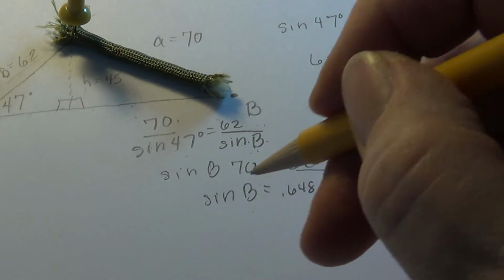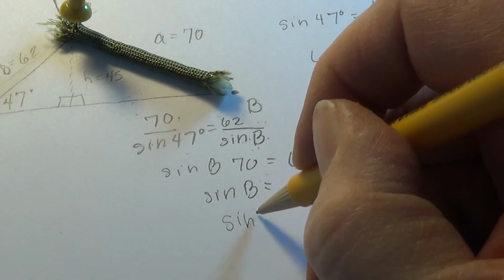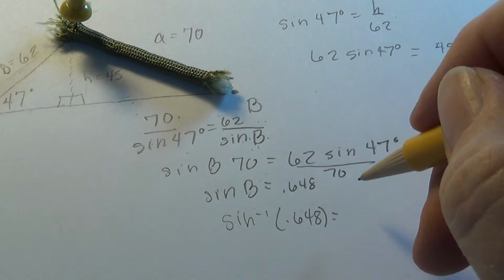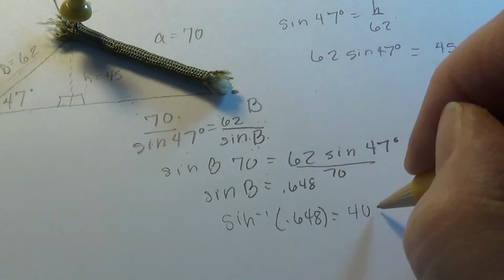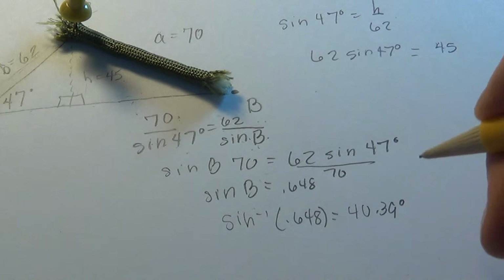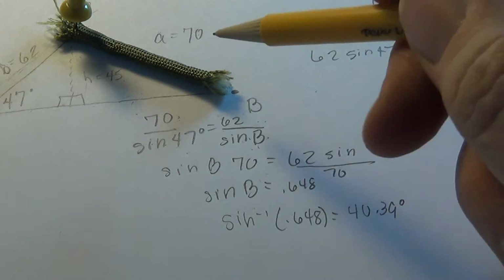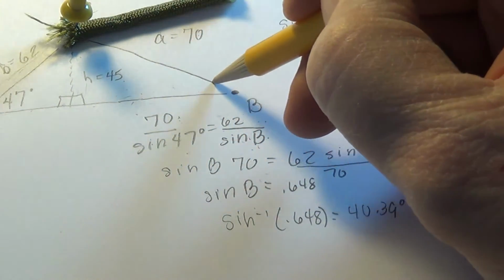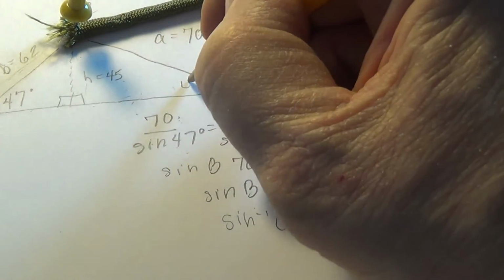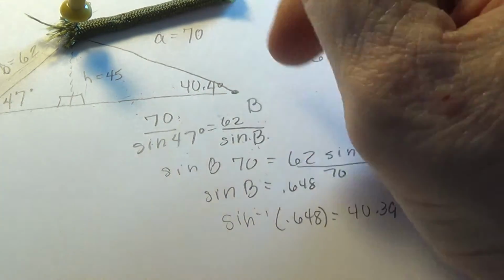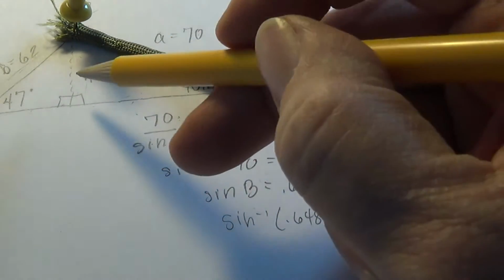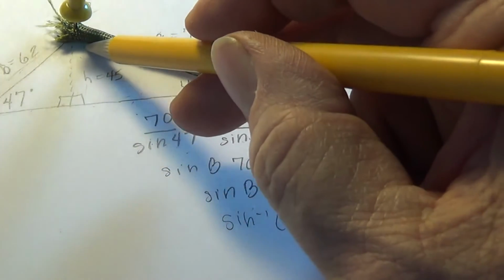Well, the inverse sine will tell you 0.648 equals 40.39 degrees. That's this one right here. So let me draw that in and write it in, 40.4, we'll say, degrees. And then we can find angle C by subtracting the sum of these two from 180.